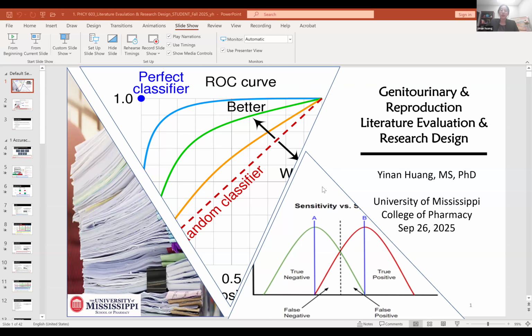In today's class, we will have almost 3 hours together. In the first hour, I will go through my presentation, with the topic focusing on the different tools used for diagnostic testing. Now, we know this is a literature evaluation research design class.